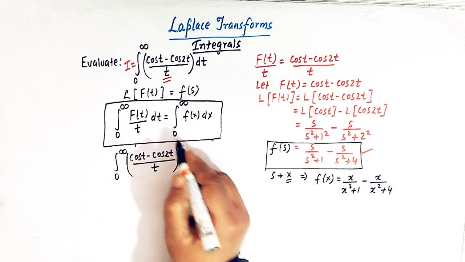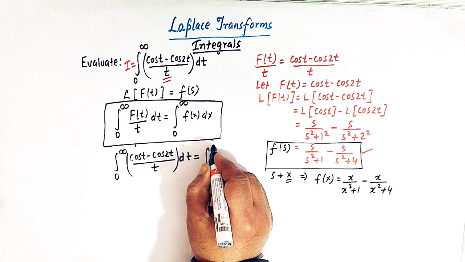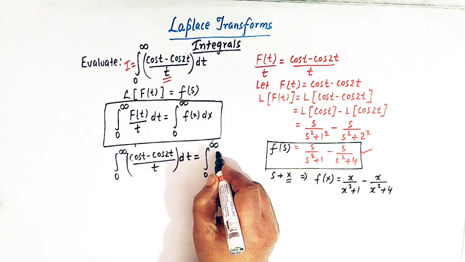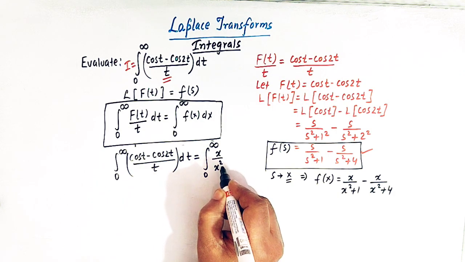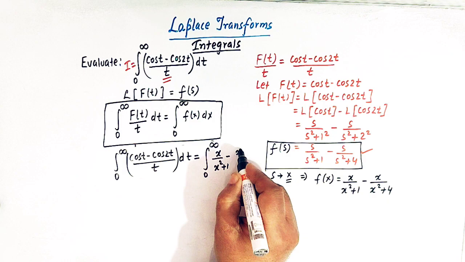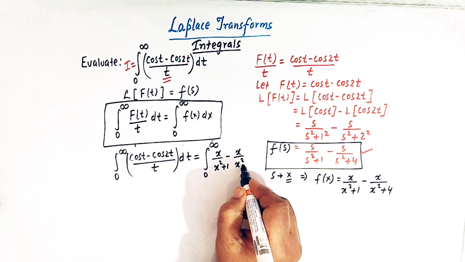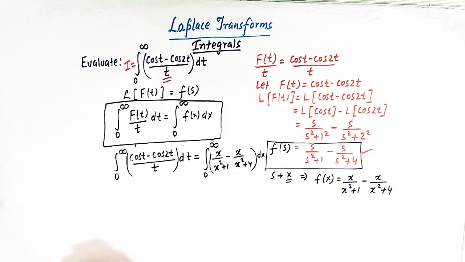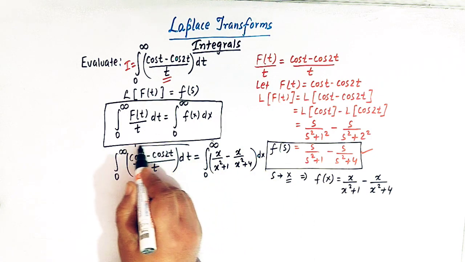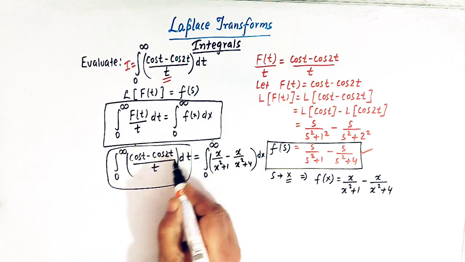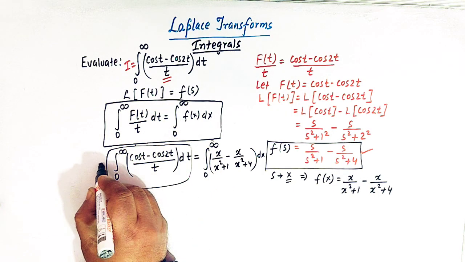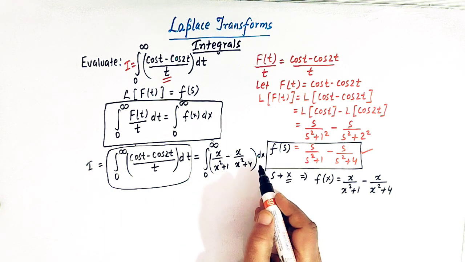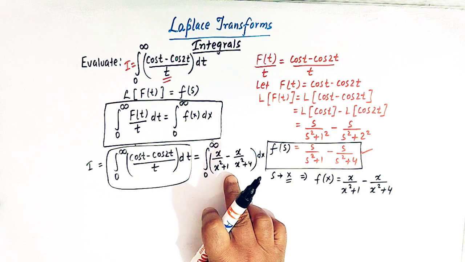And this should be equal to the integral from 0 to infinity of F of x dx, and F of x is x over x square plus 1 minus x over x square plus 4, and here we have dx, right? So the left hand side is equal to our integral I, right? And we have to now evaluate this integral.